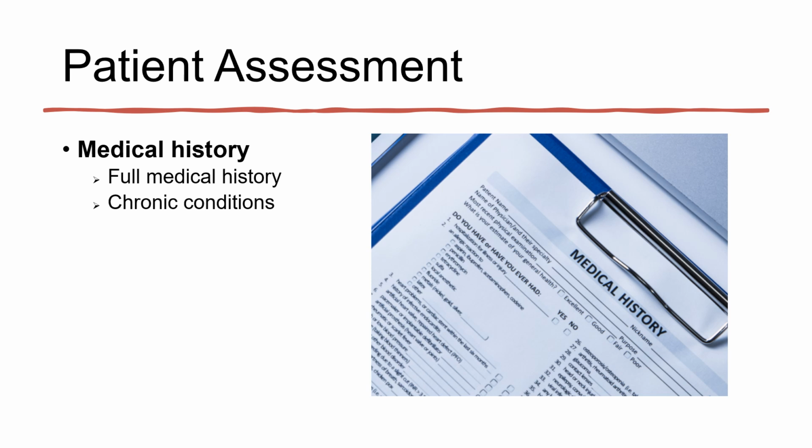Or maybe the patient has some kind of heart condition already, or a lung condition, some type of respiratory condition like COPD or asthma. That just means that we need to pay extra attention to that body system. So a full medical history, especially those chronic conditions, is very important preoperatively.